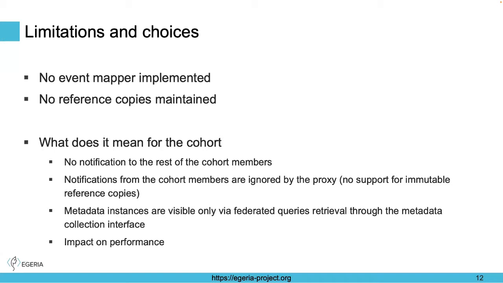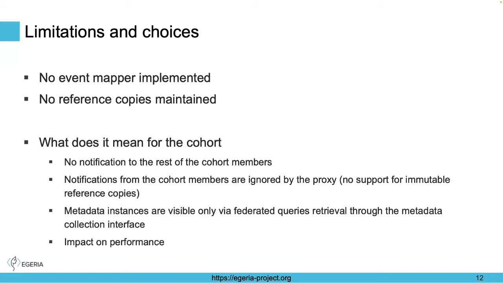What do these two limitations mean for us? Well, first, it is obvious we don't have updates distributed across the cohort members. They are not actively notified about changes happening in the external technology, so we have to somehow compensate for it. I'll talk a little later about how that plays out.